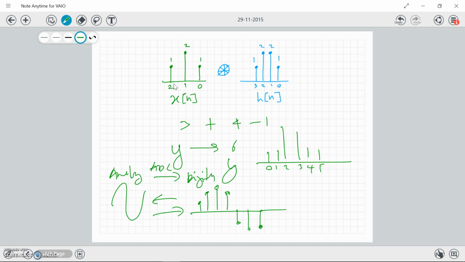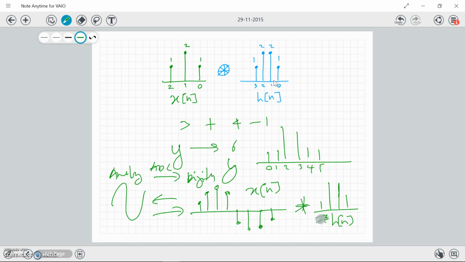After it passes through the analog to digital converter, we have the signal in this form. Then we do the convolution with the impulse response. Let's say for this example we have it like this, so you multiply with this and do the convolution. This is the x[n], this is the h[n].